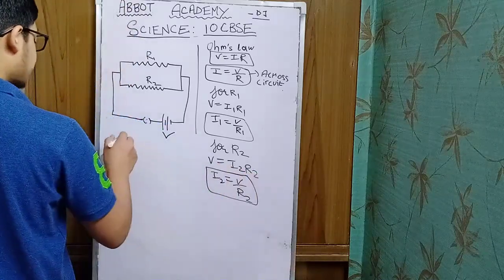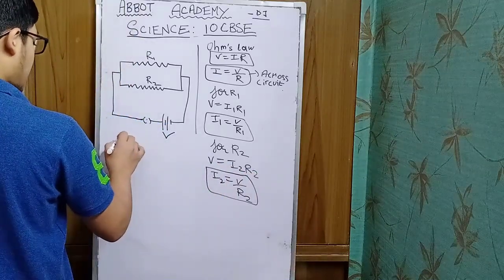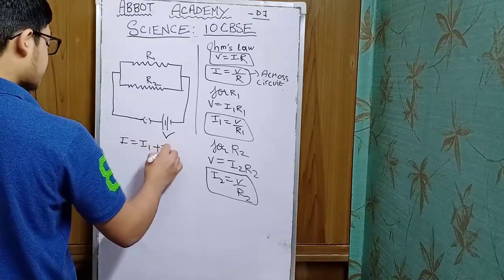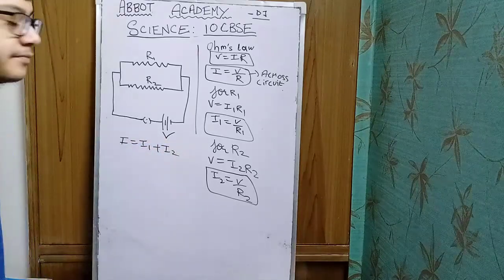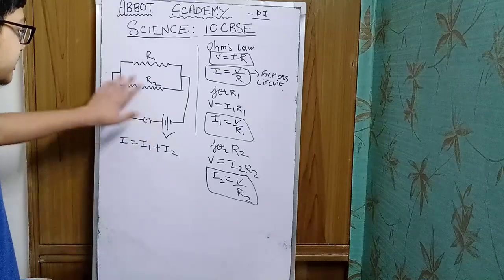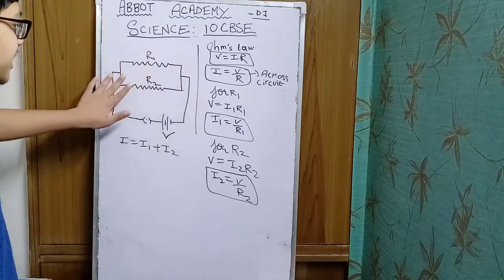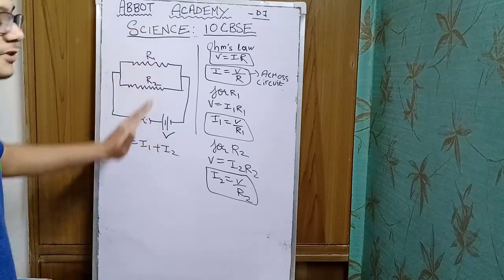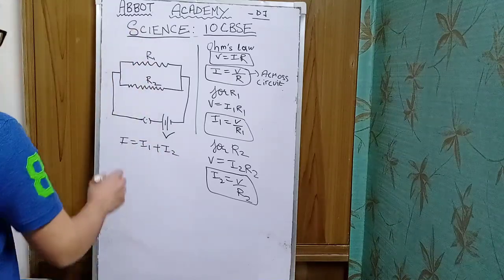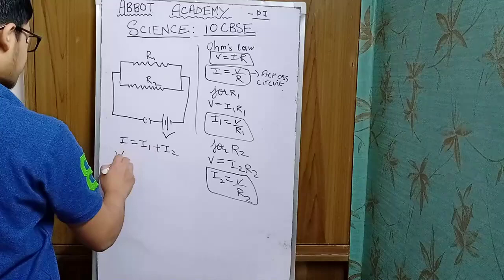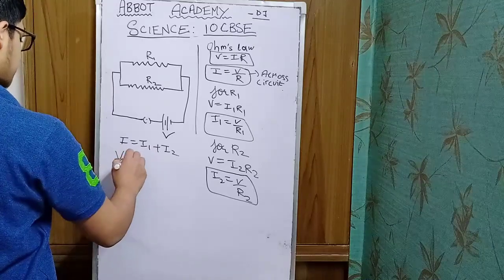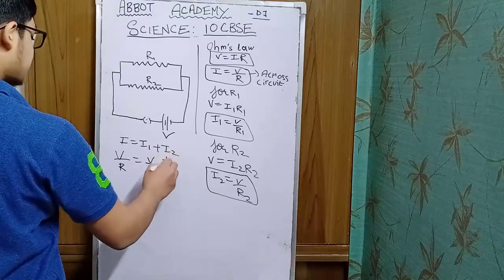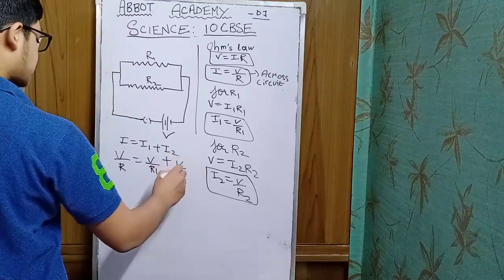Now can I write I is equal to I1 plus I2? Because the current across the circuit will be the current in resistance 1 plus the current in resistance 2. In place of I I can write V by R, in place of I1 I can write V by R1, in place of I2 I can write V by R2.